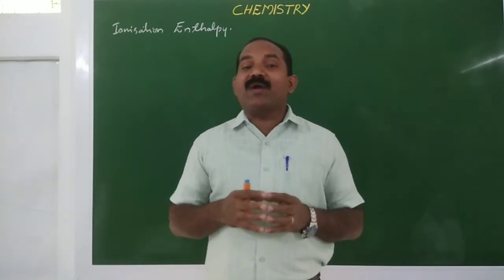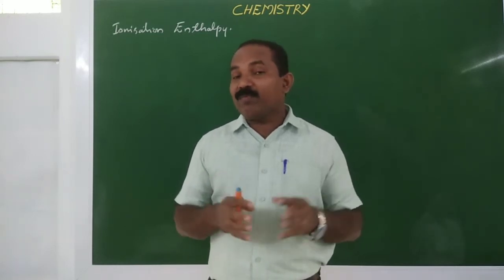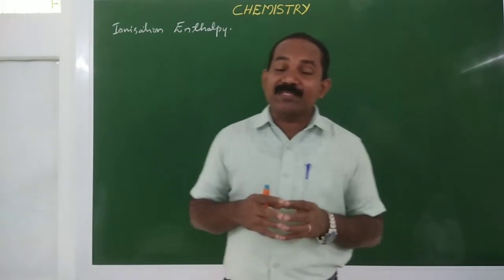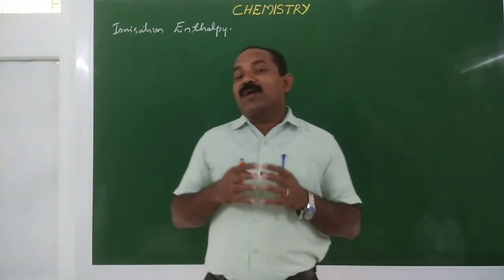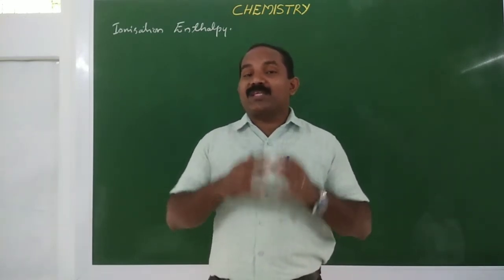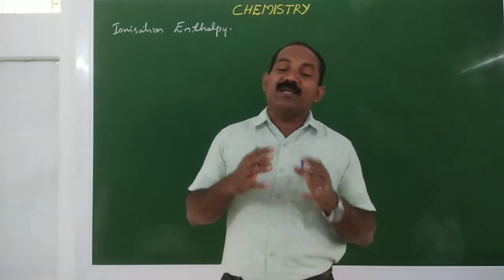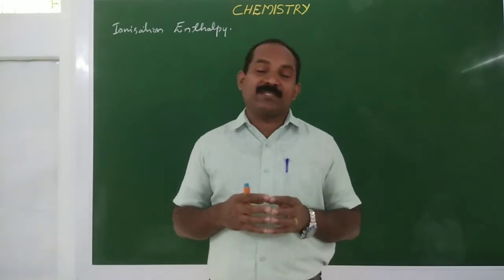The successive ionization enthalpies always increase, and remember that ionization enthalpy is always positive because it is energy required. ΔIH3 is greater than ΔIH2 is greater than ΔIH1. All these things we discussed in the last section.